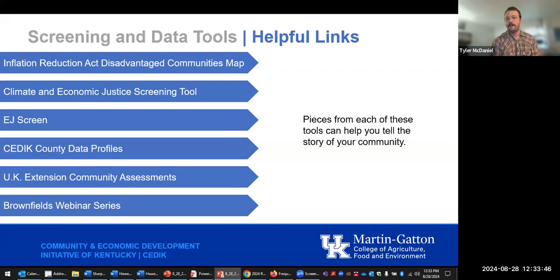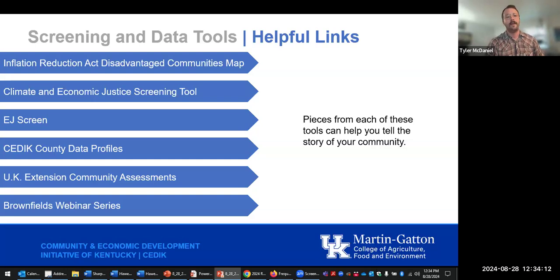And then this is just a collection of handy hyperlinks based on a lot of these tools. So this disadvantaged communities map is an Inflation Reduction Act one that pretty much just says yes or no if you're a disadvantaged community based on those IRA standards. The CEJST tool here that Kiersten was talking about, which is going to be your main tool in the Brownfields application.